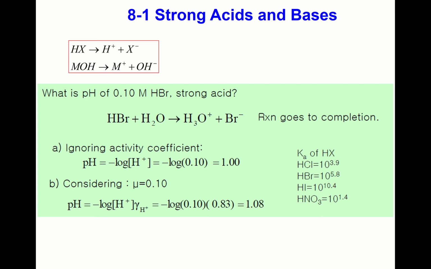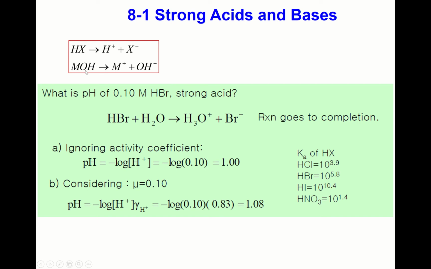Okay. Strong means that when it is dissolved in water, it is completely dissociated. For example, this is a symbol of a strong acid, HX. It dissociates into a proton and an ion. In the meantime, a strong base is represented as MOH.